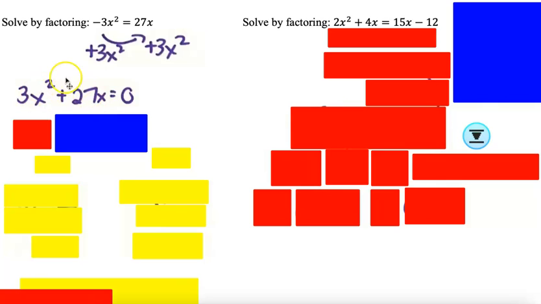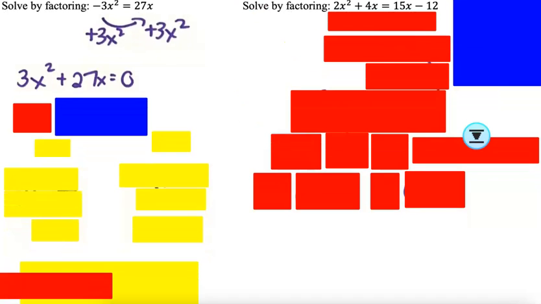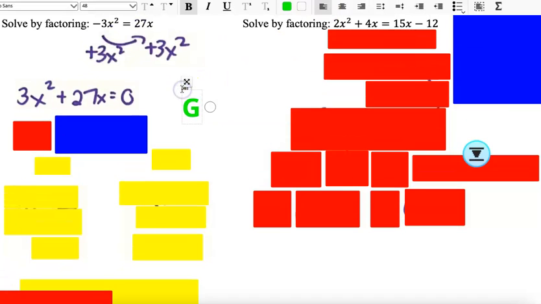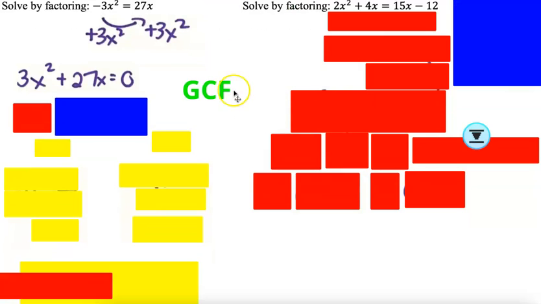So I only have 2 terms, which means I cannot do the t-chart and factor my trinomial. When you have 2 terms, you are going to find the greatest common factor, or GCF. So the biggest number that goes into 3 and 27 is a 3. Then you have to see how many x's they have in common. They've got 1 x in common.